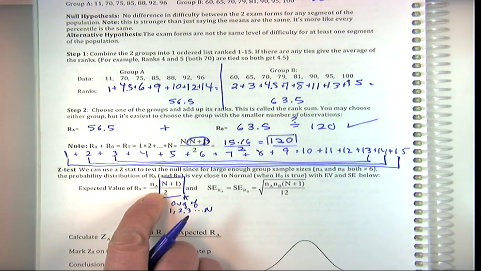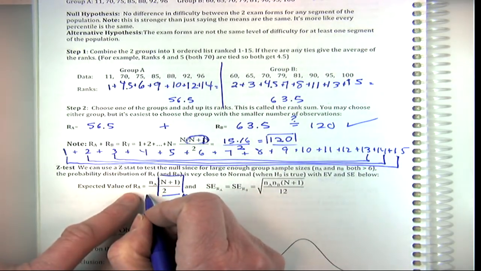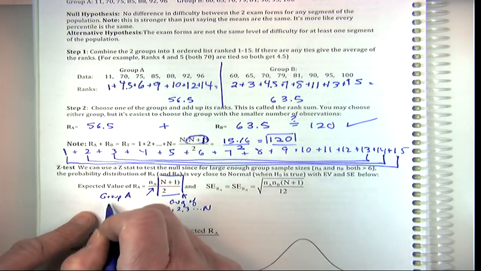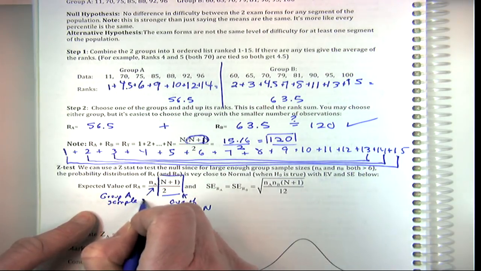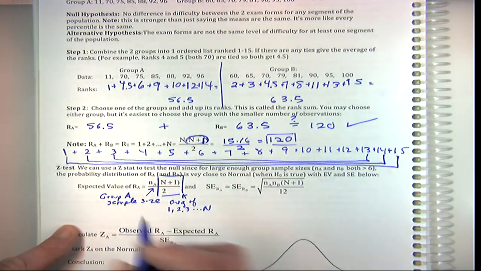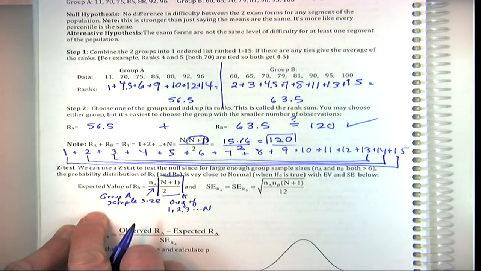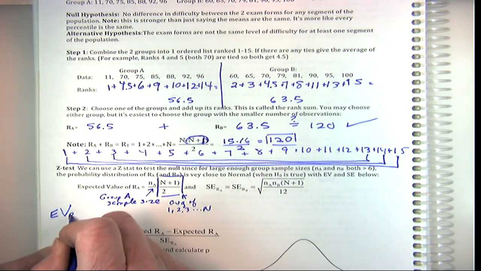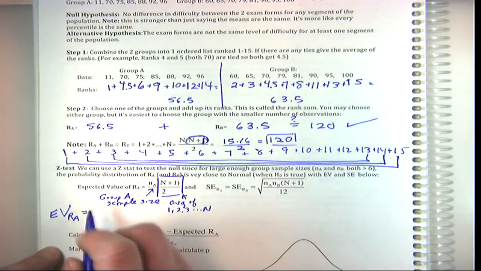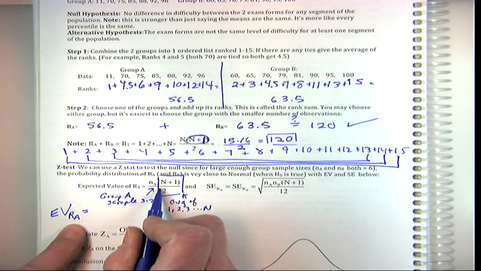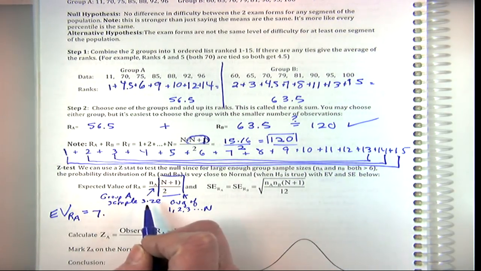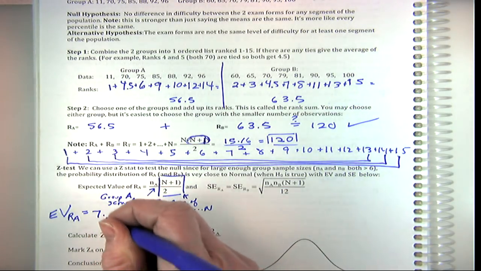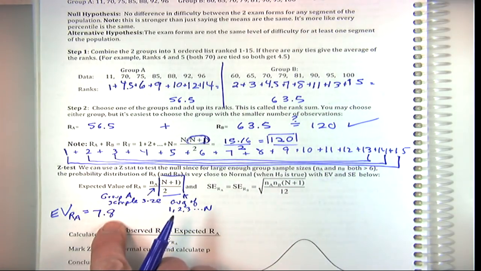And this part is your sample size in this group, in group A. So of course that makes sense. So your expected value for the sum of the ranks in A is just going to be the sample size of A, in which case it's 7, times the average, which is 8, from 1 to 15.